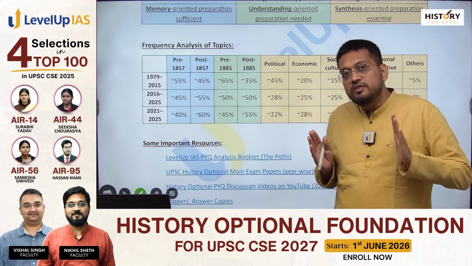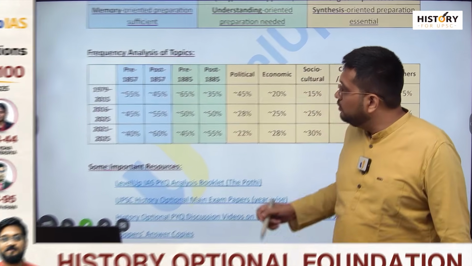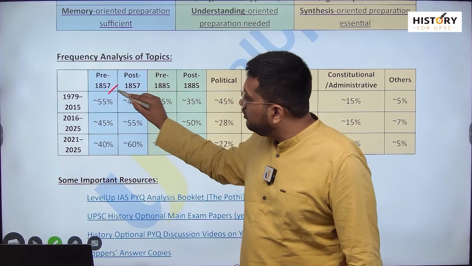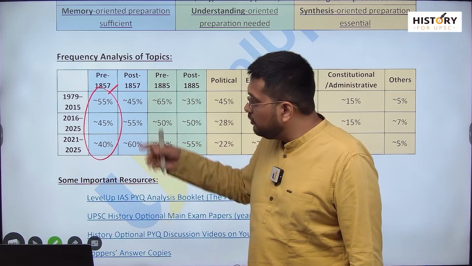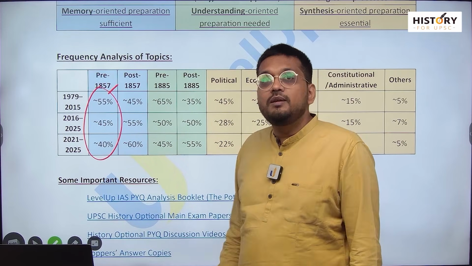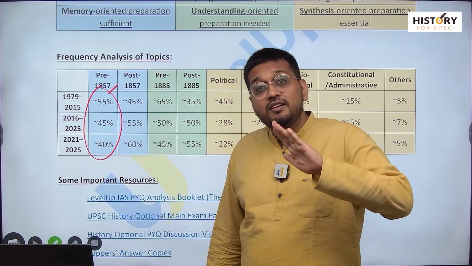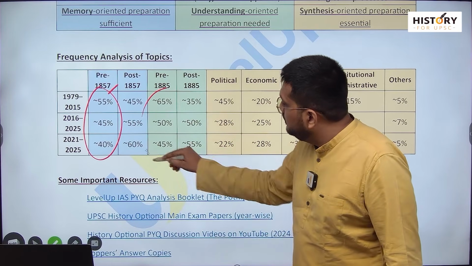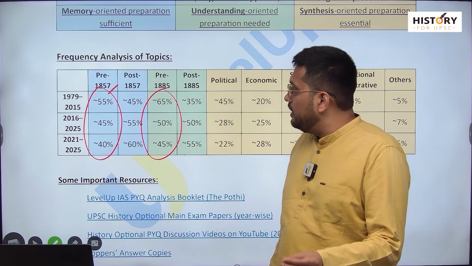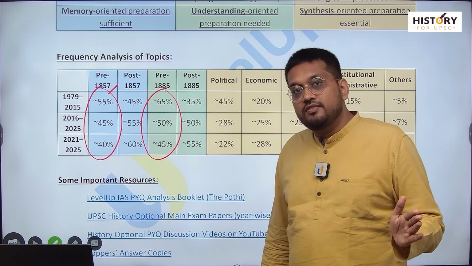But if you look at UPSC's questions, you'll see that pre-1857 is also very important. Even now, 40% of the paper is pre-1857. Similarly, almost 5% extra is pre-Congress.